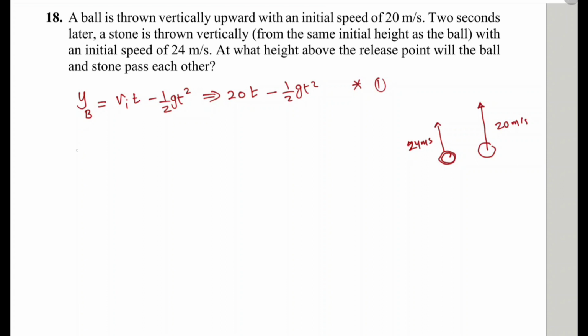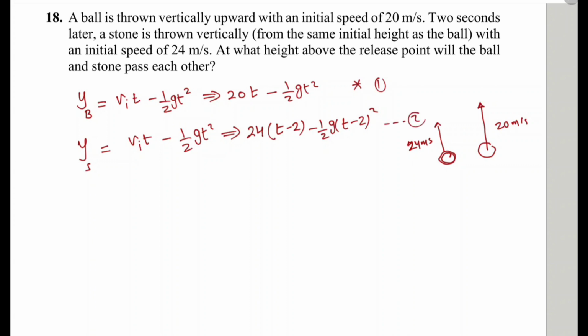Now for the stone, y for the stone equals, again, the initial position is 0, so v initial t minus half g t squared, or 24. Now t in this case is t minus 2, because after 2 seconds the stone starts to move. So 24 times t minus 2 minus half g times t minus 2 squared, and this is equation number 2. y for the ball equals y for the stone.